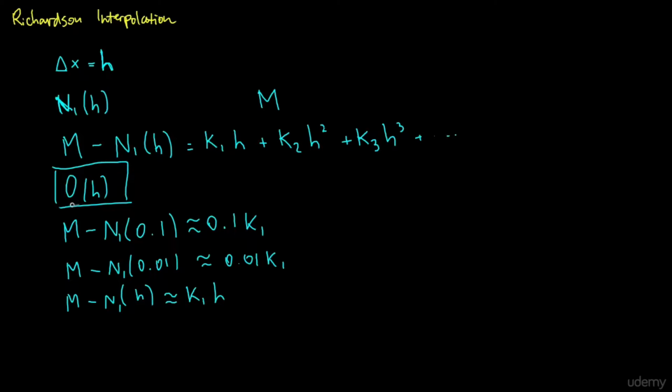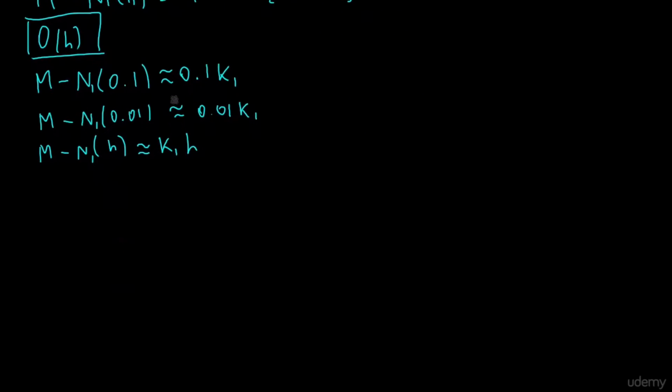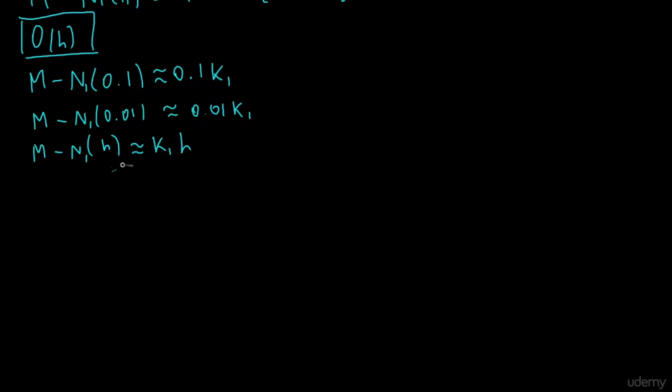We don't want a truncation error on the order of h, we want it on the order of, say, h cubed or something like that. So how do we do it? Well, let's suppose that we can combine different n1 of h formulas to produce a truncation error on the order of h squared, for example. That is actually our goal.